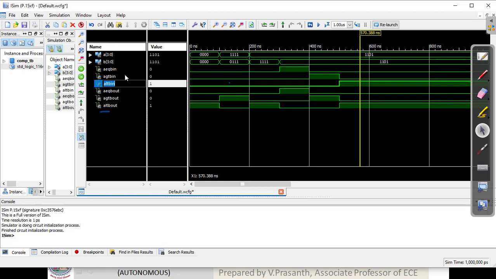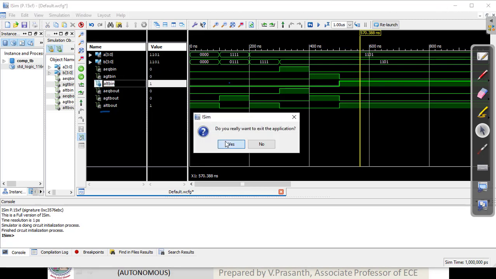So this is the simulation part for the 74LS85 IC, which is a 4-bit comparator. I hope you understand the concept of the 4-bit comparator based on the equations for A equal to B out, A greater than B out, A less than B out. We have written the VHDL code using if and else statements.